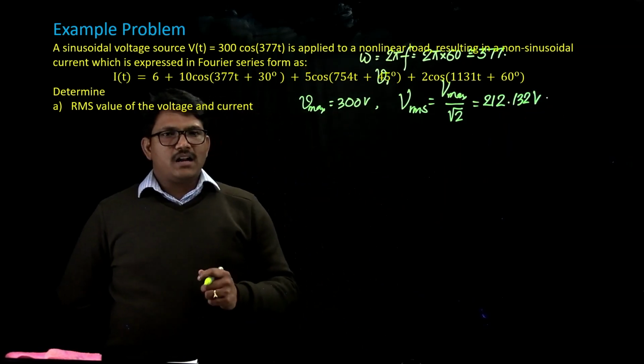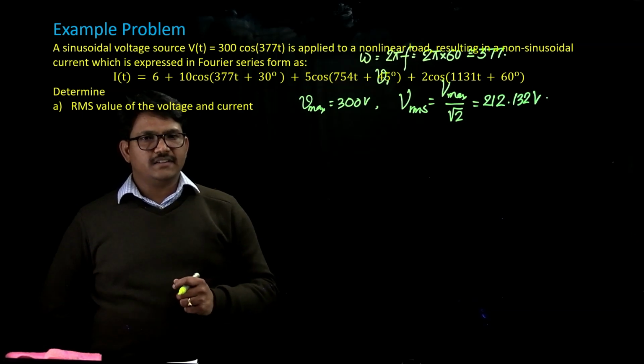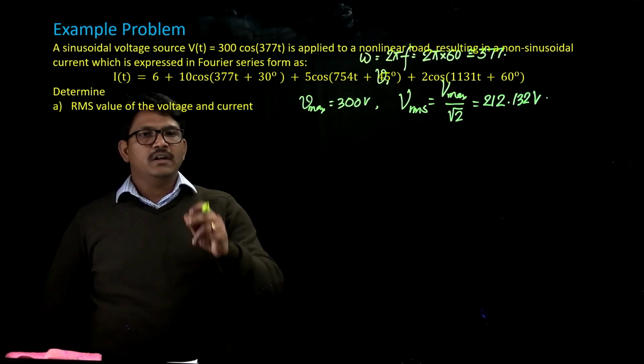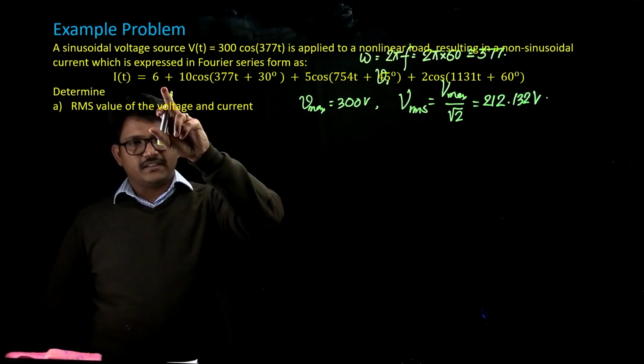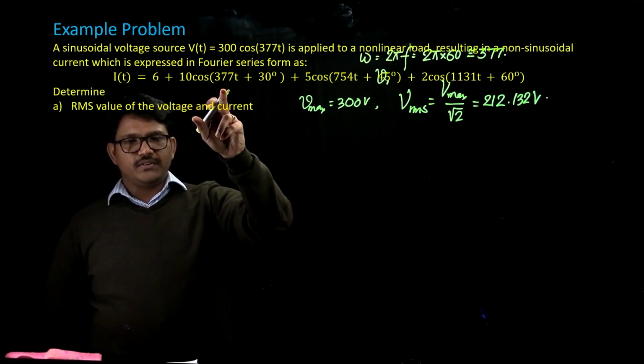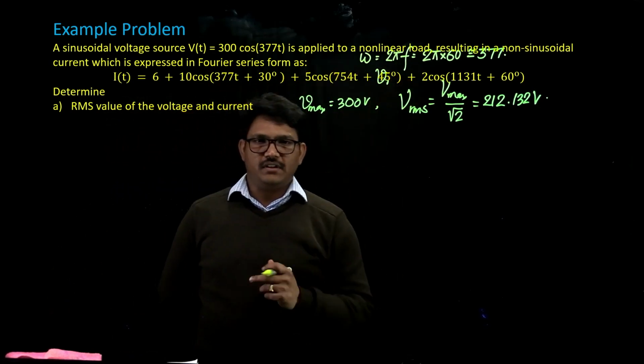In order to get the RMS value of the current, we can see that the current has a DC component, that is 6, and also a fundamental frequency component and higher order frequency components.